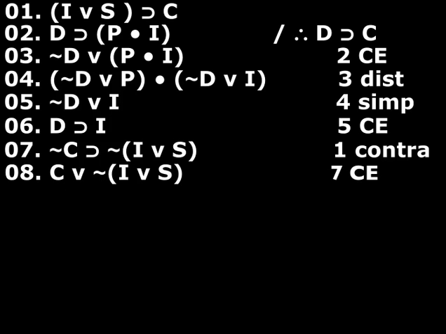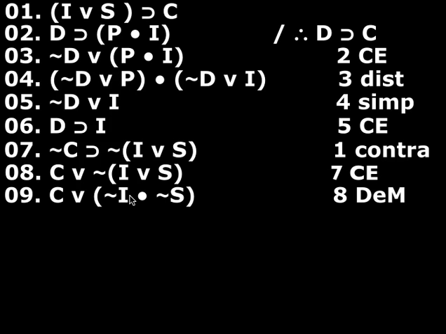Now remember, De Morgan's lets me turn a negated disjunction into a conjunction. Okay, negated disjunction becomes a conjunction. Wedge becomes dot, both components get negated, I becomes not I, S becomes not S, and then I negate the entire thing.